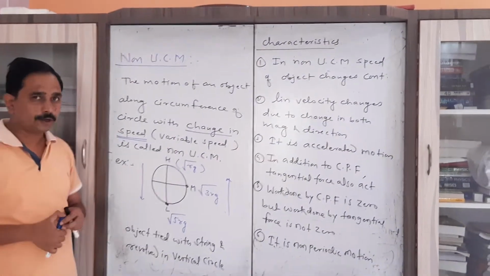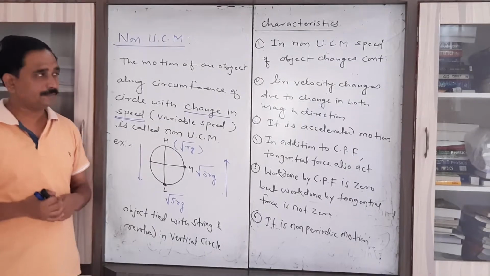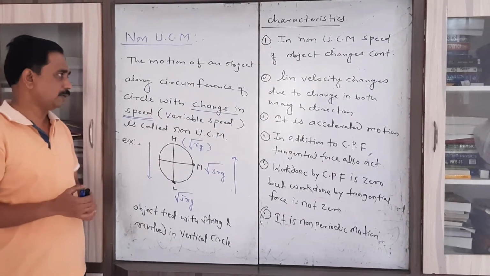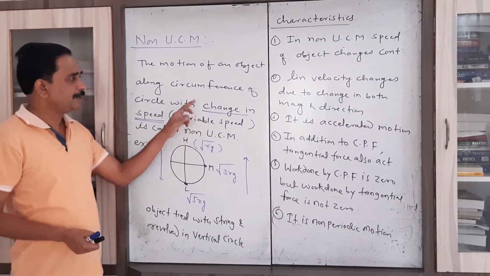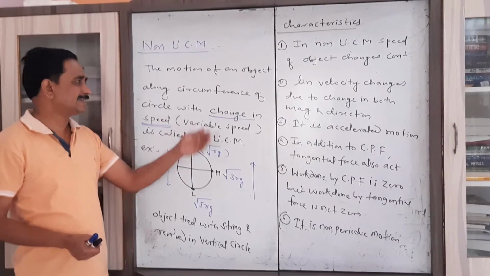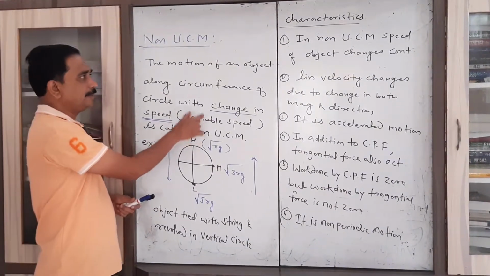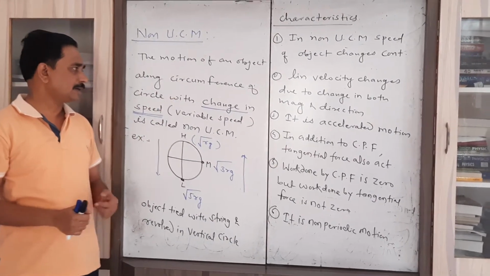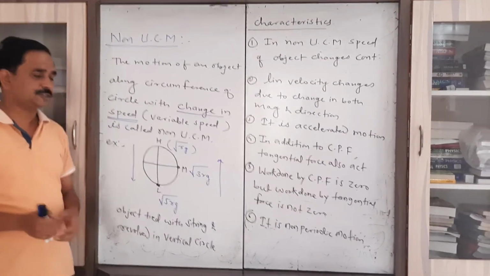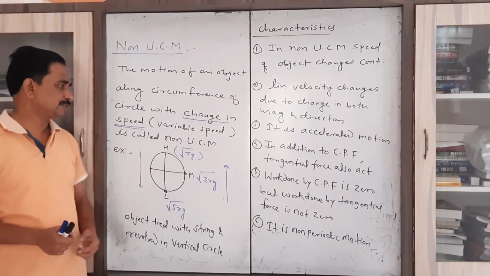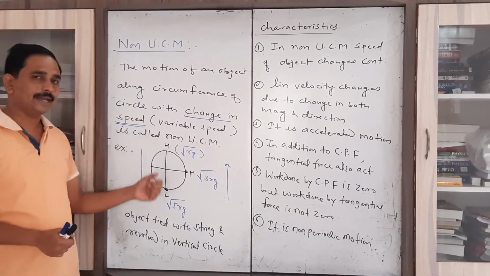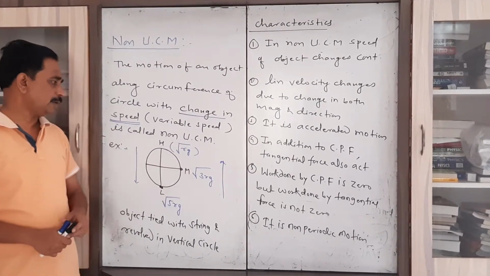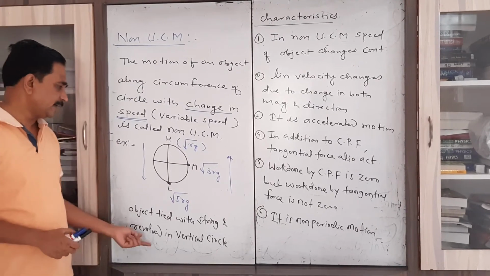Earlier, the speed of the object remained constant, but in non-uniform circular motion, the speed of that object changes continuously. So that's why I write here the motion of an object along the circumference of a circle with the change in speed, that is with variable speed. That motion is called non-uniform circular motion. Consider the example.